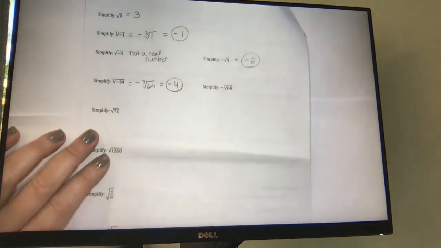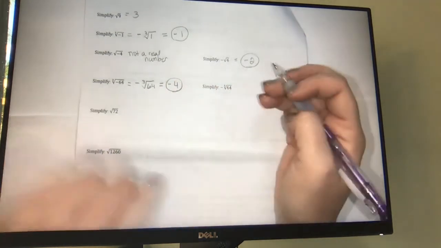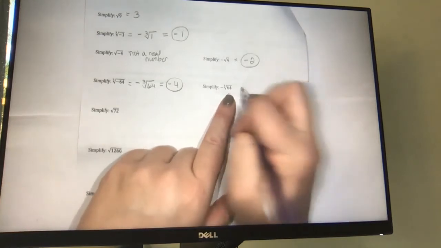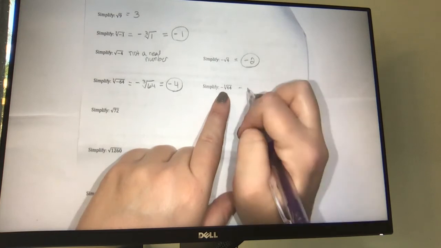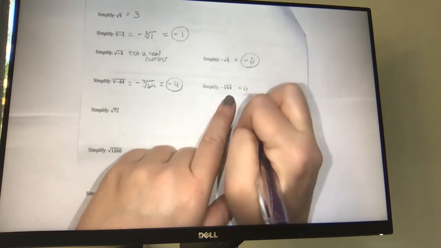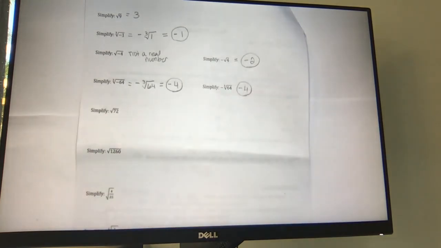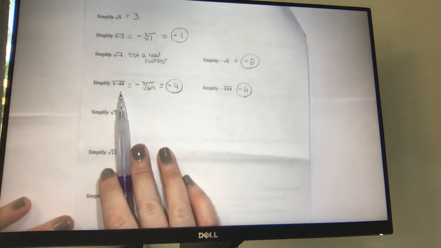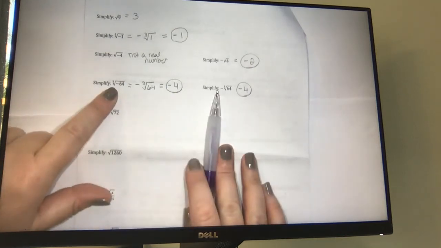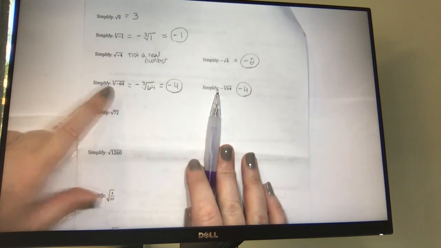So your answer is -4. Just so happens this guy's negative is outside, so I'm going to just write him over. We said cubed root of 64, 4. Look at that, they have the same answer. So not only are you able to take an odd index for a negative radicand, it's going to be the same answer whether the negative was inside or outside. Pretty easy for that one.